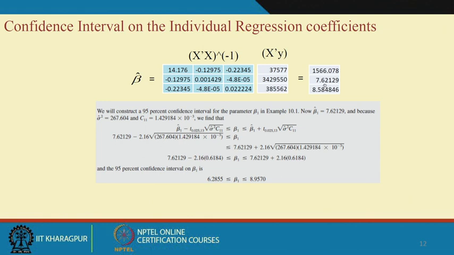So, 3 plus 1 is 4, 2 plus 1 is 3, that means 16 minus 3, 13 degrees of freedom, that means the sample size here was 16. So, beta 1 cap you are writing like 7.62129, t 0.025 is 2.16, sigma square is this 260 on this, C11 from the X transpose X inverse, that particular part, times 10 to the minus 3, less than or equal to this value, and finally you are getting this type of confidence interval.